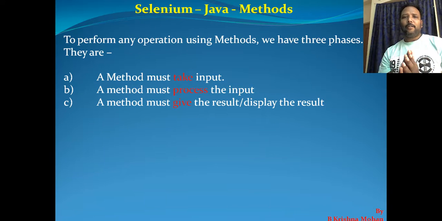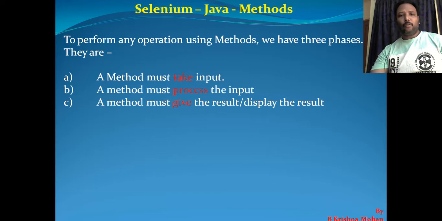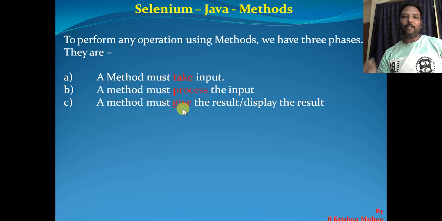What is being taken, what is being processed, and what is being given we will know through a program. How data can be given to a function, how the processing of data is done in a function, and how the data is given by the function, all that we will be seeing.